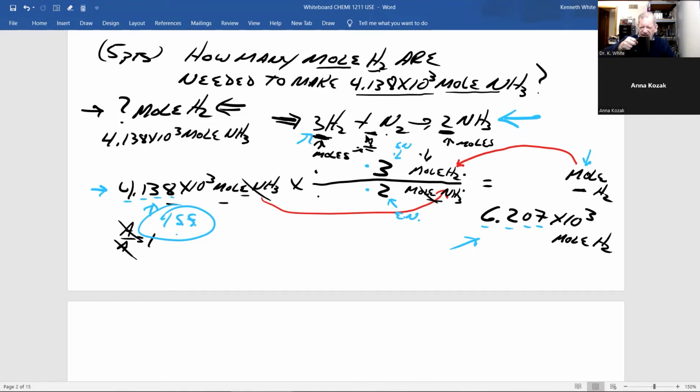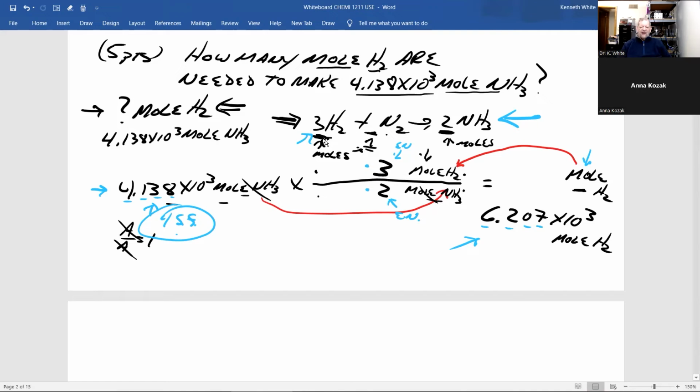Whatever you're trying to get to, answer-wise, goes on top of the ratio, moles of hydrogen. Whatever we're trying to get rid of, the moles of ammonia we don't want in our answer, goes underneath the ratio on the bottom.